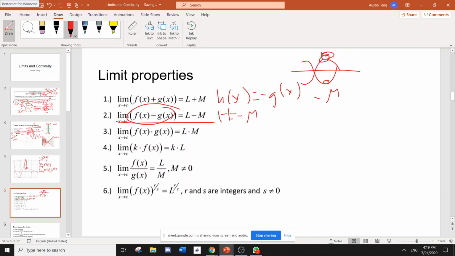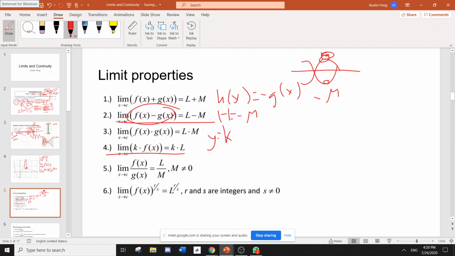Now for the third property, when you multiply, the limit of the product of two functions is equal to the product of the limits, and we can prove number 4 using 3. So let's say we have a constant function, y is equal to k.